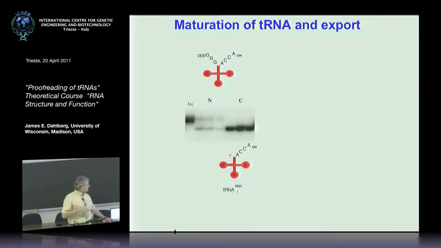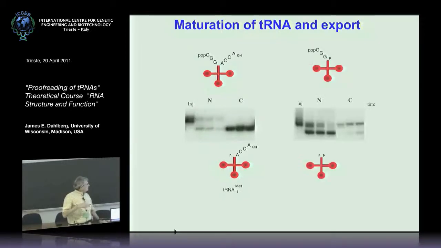So what about the 3' end? Well, in order to investigate that, we put in a truncated version that did not have a CCA, it was just truncated with nothing after the acceptor stem in the double-stranded region. And that material gets cleaved by RNase P, so it loses its 5' extra nucleotides.